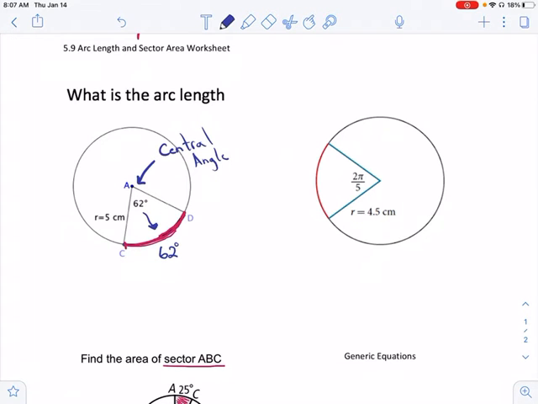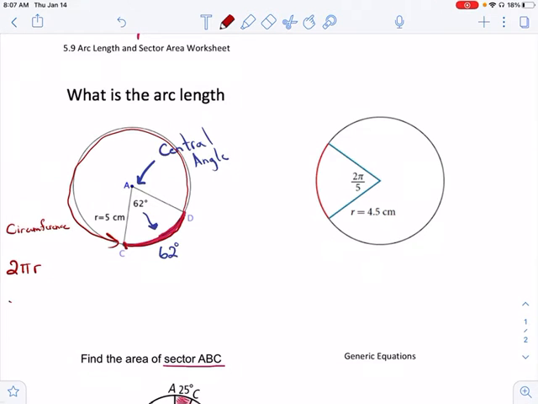And the way in which we would figure out just what that limited distance is, or the specific measurement from C to D here, is to figure out the entire distance around this circle and then just take the appropriate portion that we want. So the entire distance around that circle is going to be 2 pi r, right? It's going to be our circumference equation.